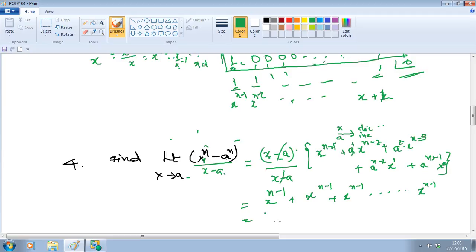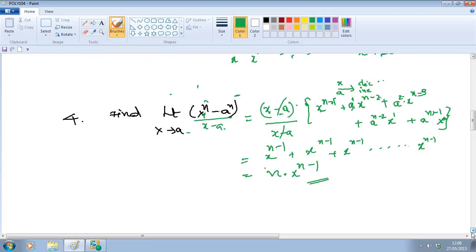You are having n terms here. So the total will become n times x to the power n minus 1. This is the answer. How are we having n times? You just check n terms.